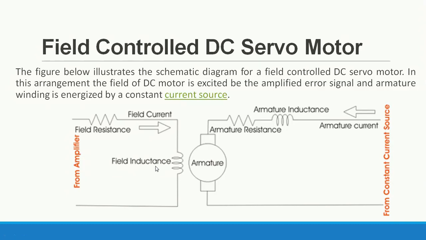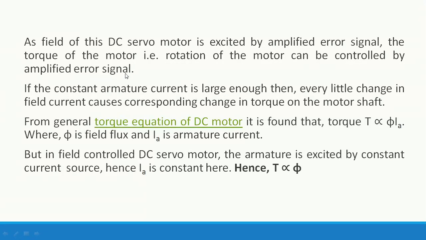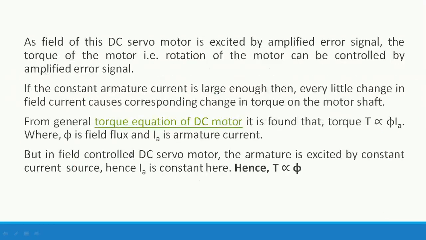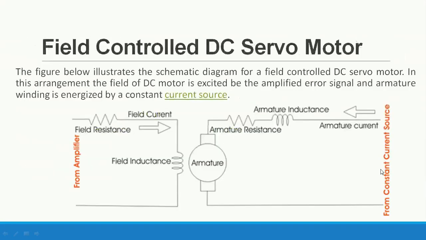Since the field winding is responsible for the excitation, the torque produced by the motor can be controlled by controlling the error signal. Now, if the constant armature current is large enough, then every little change in the field current causes corresponding changes in the torque of the motor shaft.